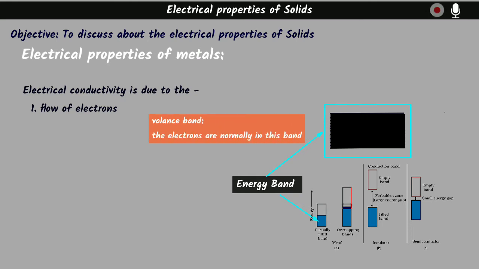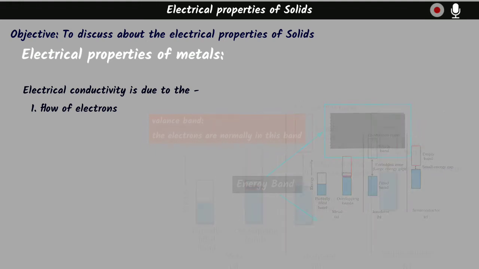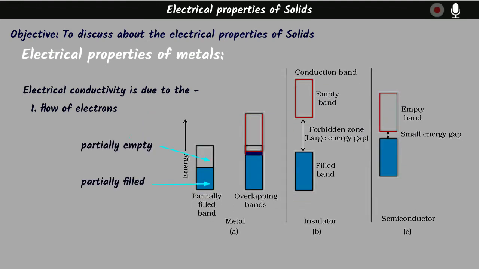If this band is partially filled with electrons, that is, not completely filled, the metal can conduct. And if the valence band is completely filled by electrons, then the valence band may overlap with the higher energy band, which is known as the conduction band; then also the metal can conduct electricity. So there are two conditions.